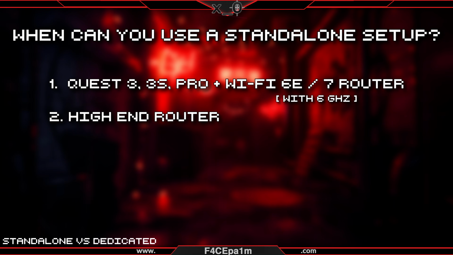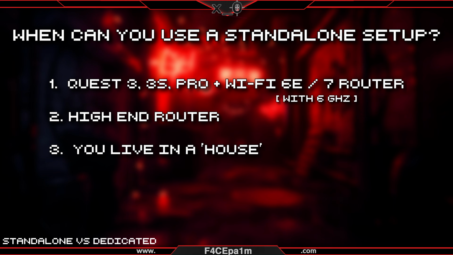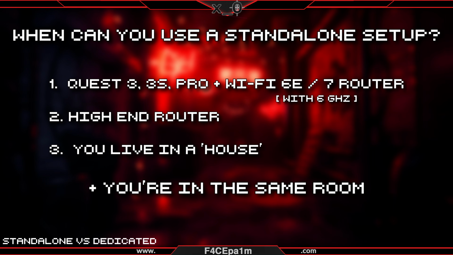You have an expensive high-end router you just want to try out first, or 3. You live in a house, not an apartment block, a house, which means you'll be far enough away from your neighbors to avoid any notable interference from their Wi-Fi networks. If any one of these are you, plus you can also be in the same room as your router, you could try the standalone setup to see how you go.